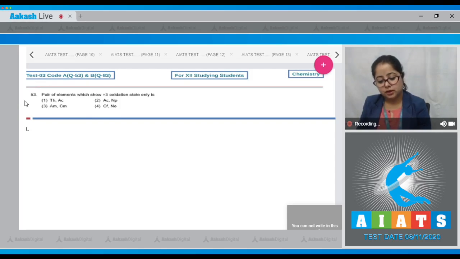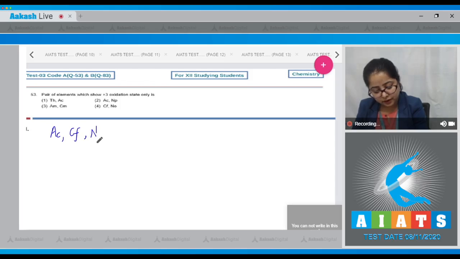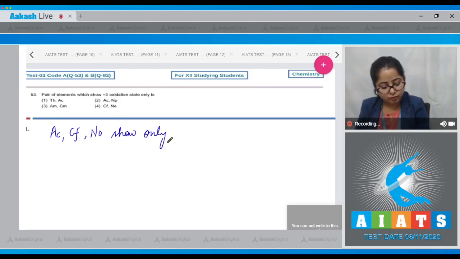So student, I'm writing the oxidation state of the given elements here. Ac, Cf and No show only +3 oxidation state.